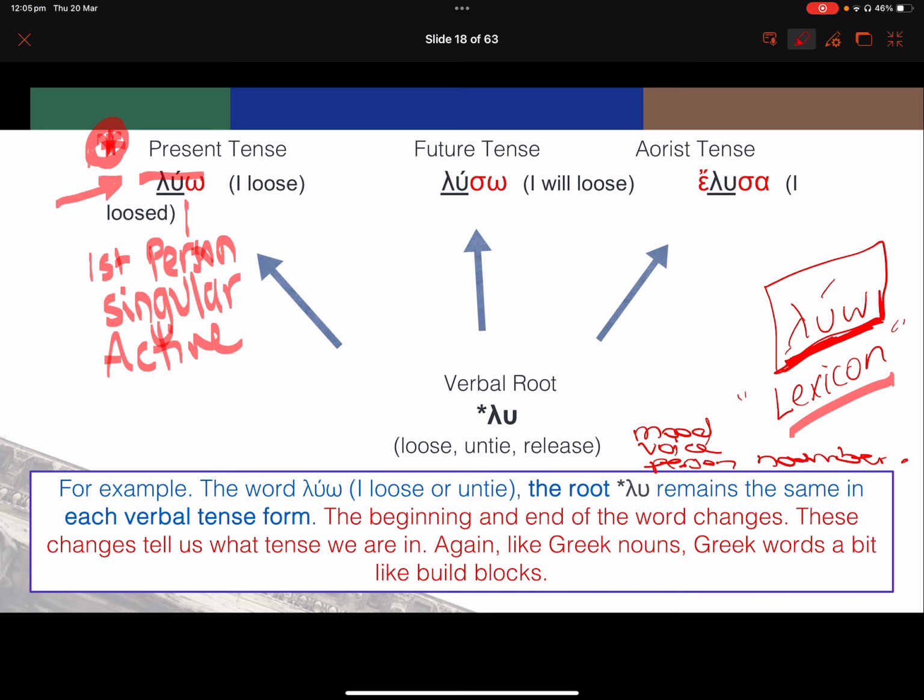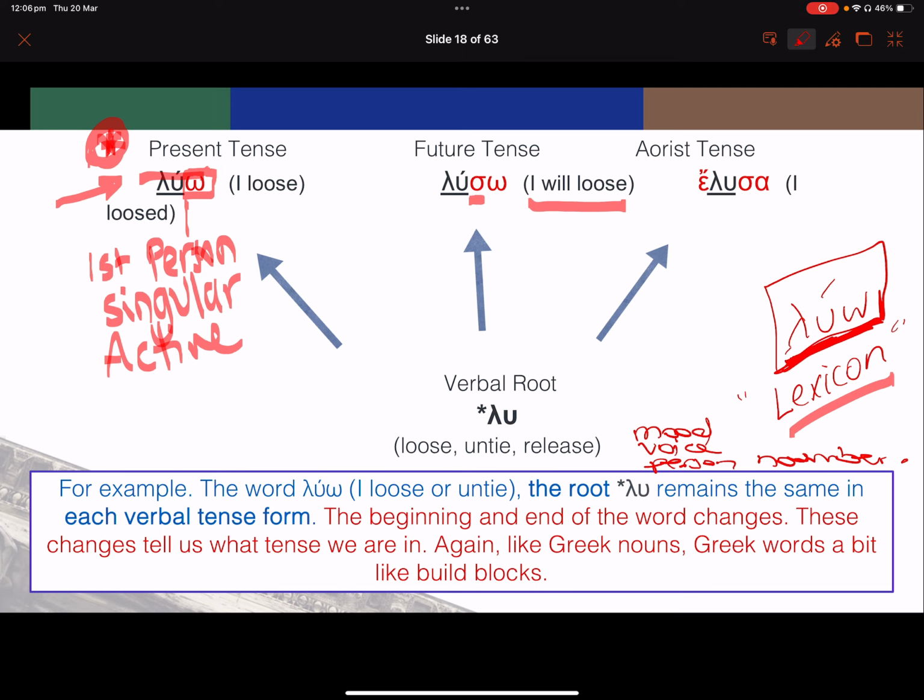Luo. And so technically speaking, this omega has been added onto the stem. If we were to insert a little sigma in between the upsilon and the omega, all of a sudden, this word has become I will loose.